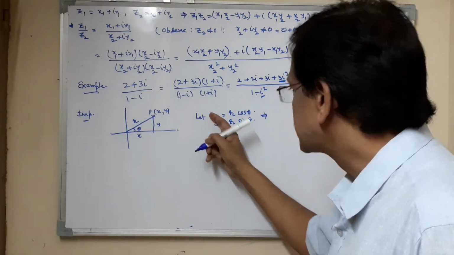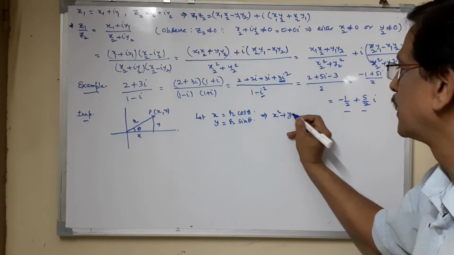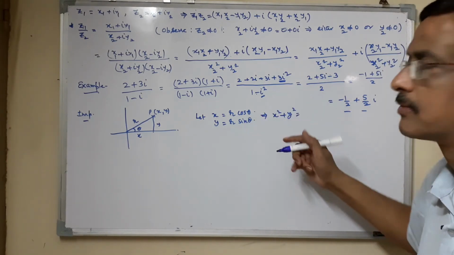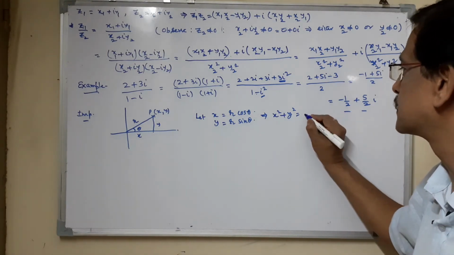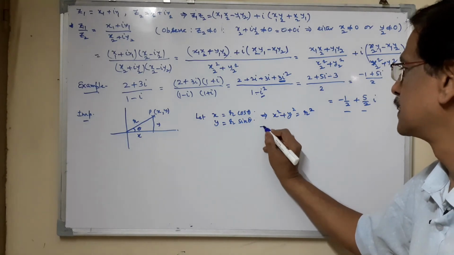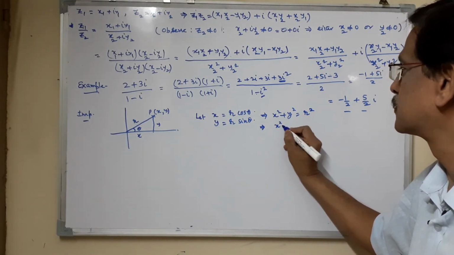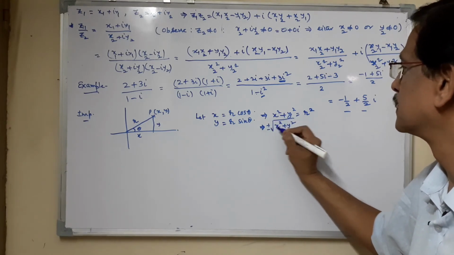If you square and add, you will get x square plus y square equal to r square cos square theta plus r square sin square theta, which is nothing but r square into (cos square theta plus sin square theta), which is 1. So it is r square. Under a root, x square plus y square is r.